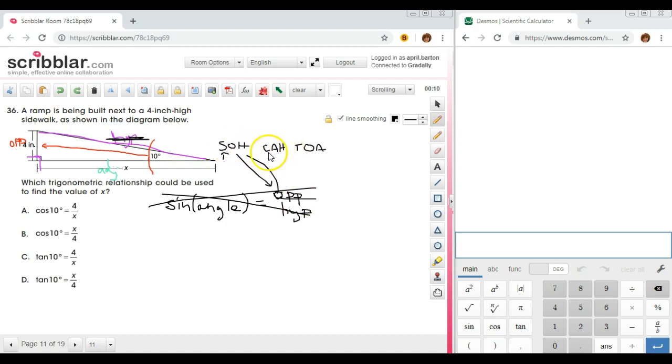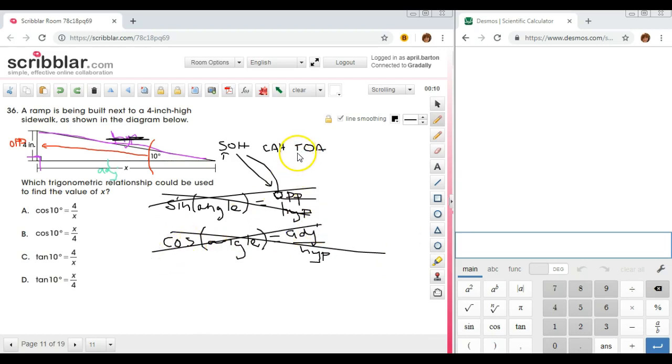So CAH, cosine, adjacent, and hypotenuse means cosine of the angle equals adjacent over hypotenuse. Again, this cannot work for us because we don't know hypotenuse. Hypotenuse is not given. We can't use this.